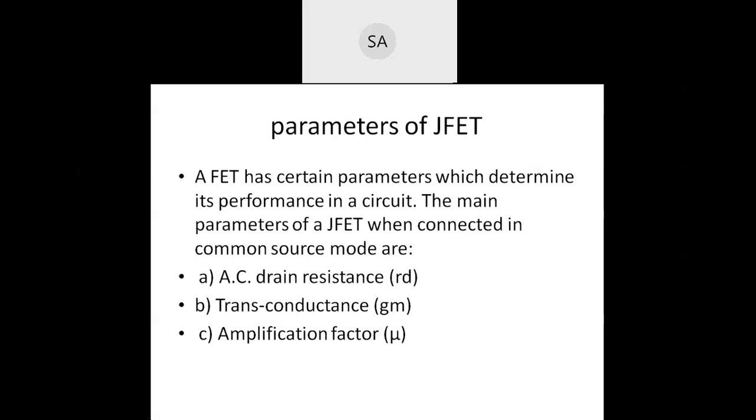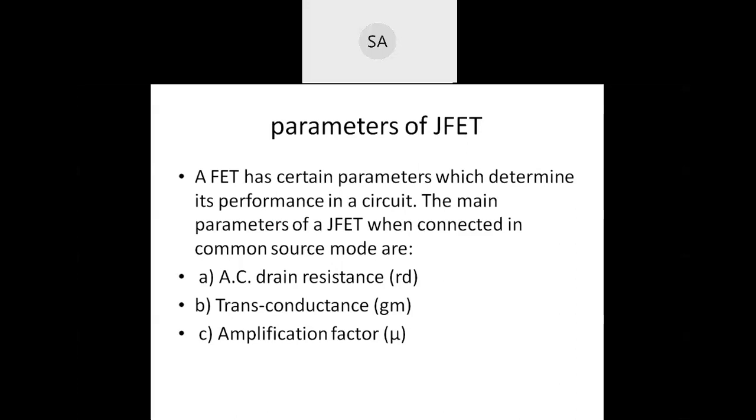Whatever different configurations we discussed in the BJT, here we are going to discuss the parameters for the common source only, which is similar to the common emitter of a BJT.